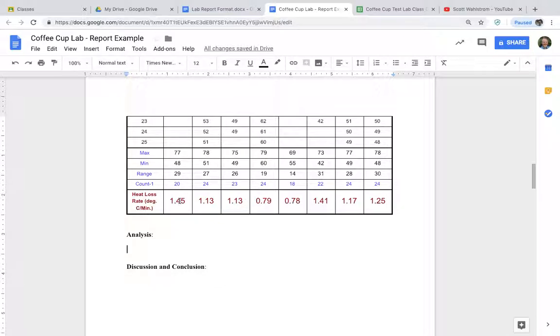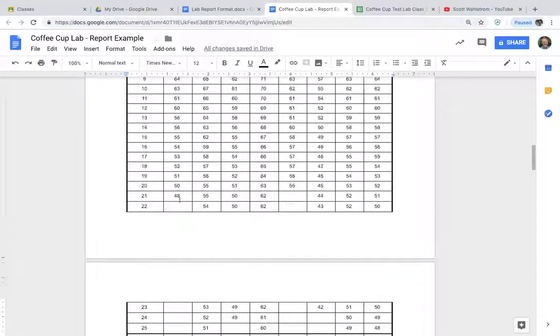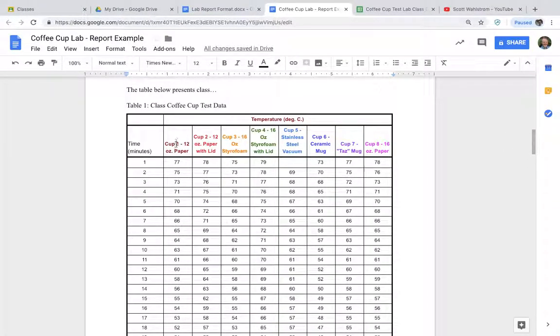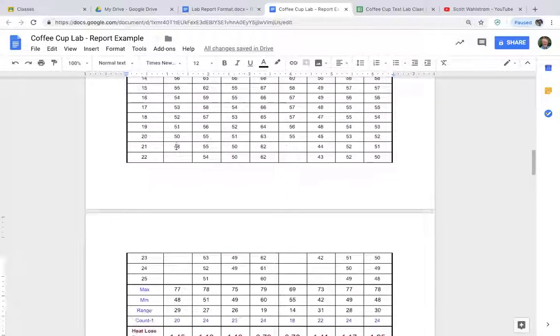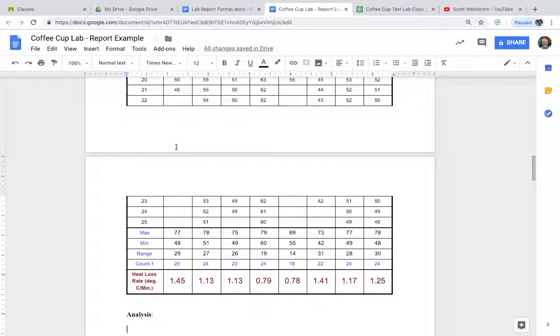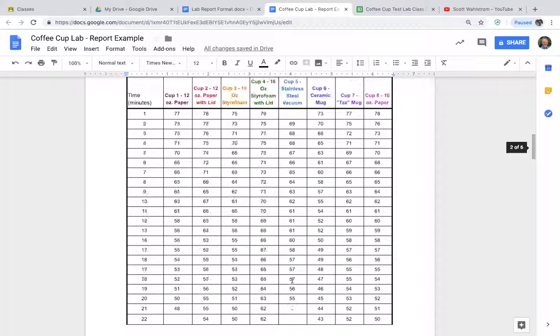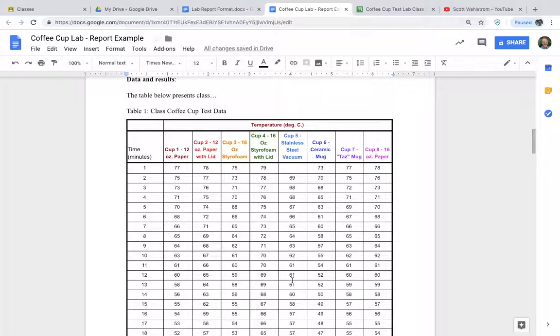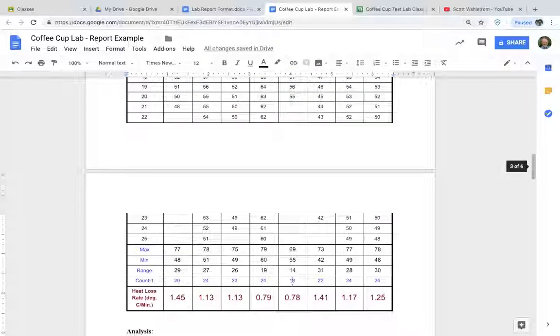Well, no surprise, the highest number, 1.45, goes right up here with the 12-ounce paper cup with no lid, just a simple paper cup. That has nothing to help hold the heat in except a thin sheet of paper, and so it cooled off a great deal. Whereas your lowest cup right here at 0.78 appears to be the stainless steel vacuum container, which did not have a lid, but it did have the stainless steel vacuum sides, and that performed very, very well.